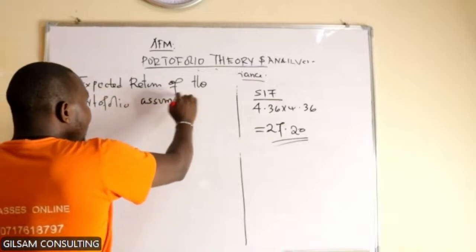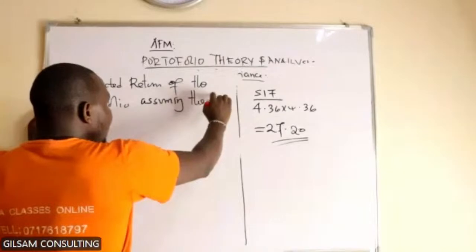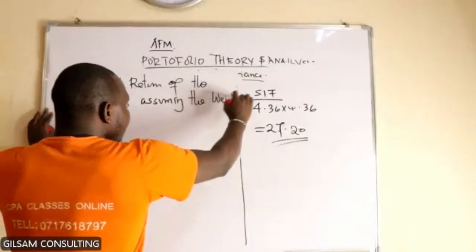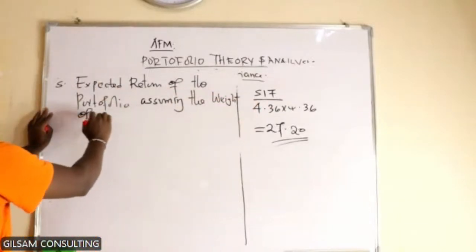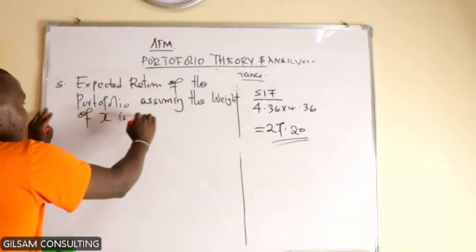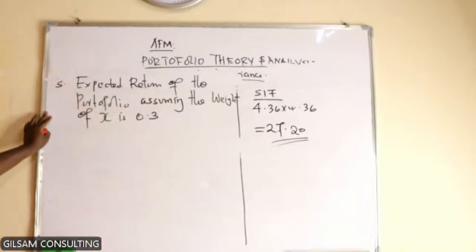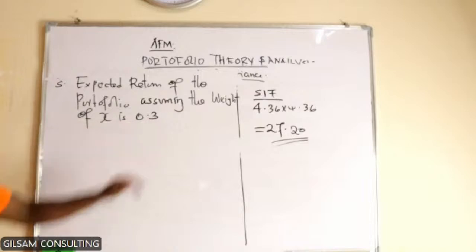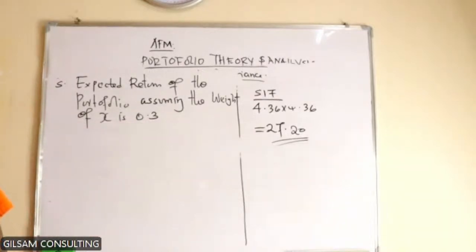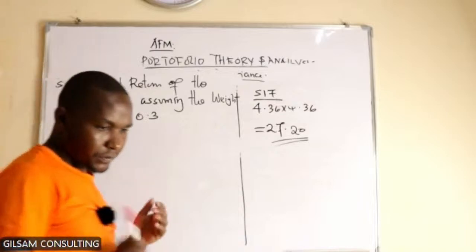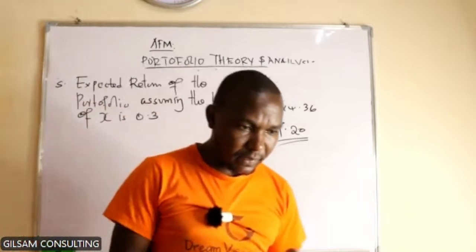We take the weight of S, we multiply by the return of X. Assuming the weight of X is 0.3, multiplied by the return of X.